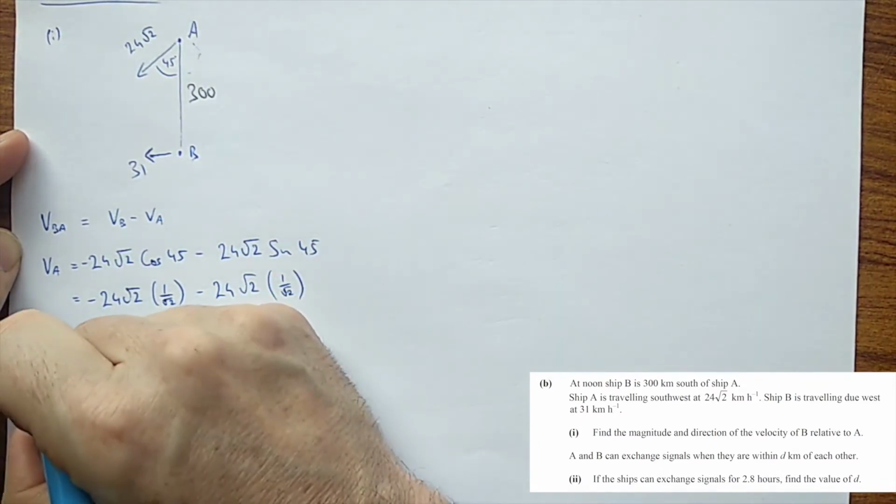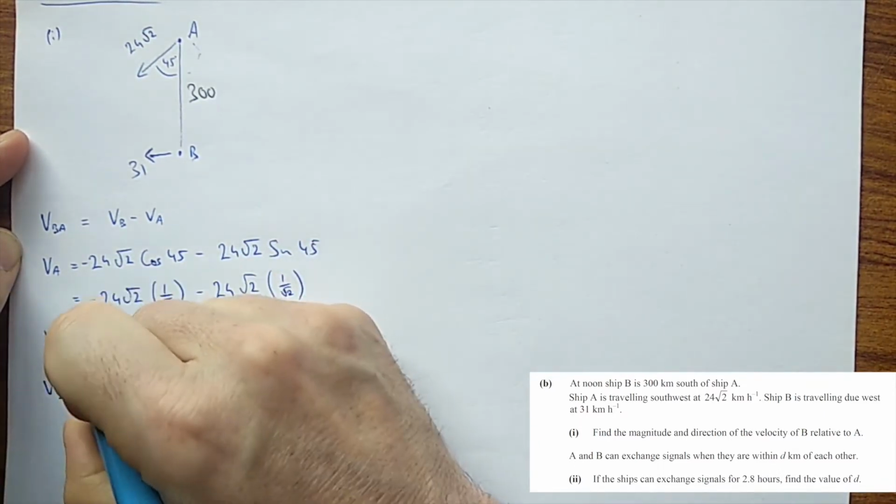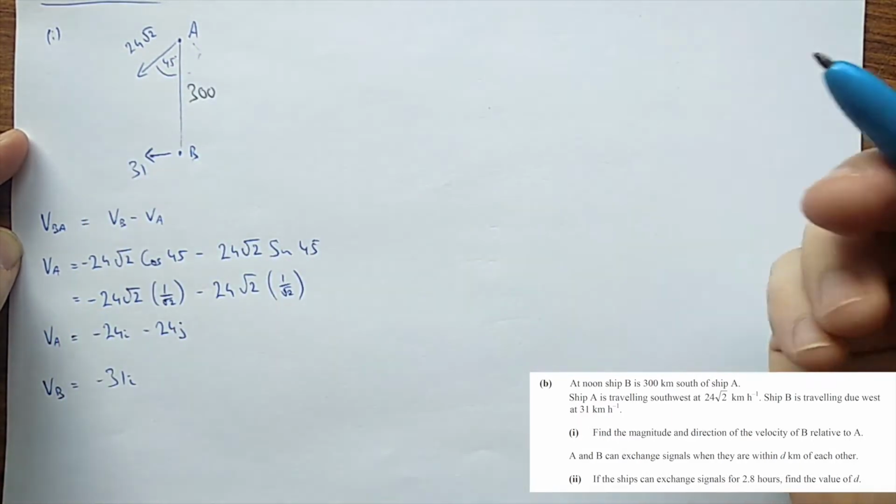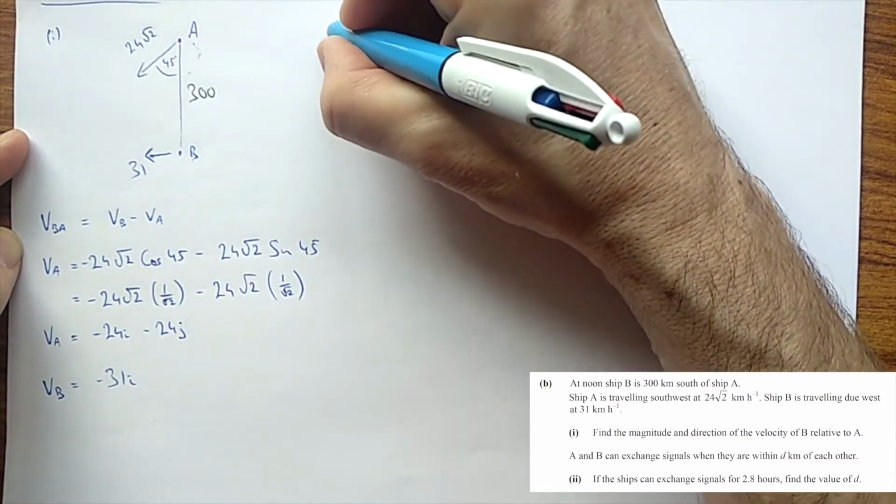Velocity of B is just minus 31i going west. Alrighty, let's bring them all together.